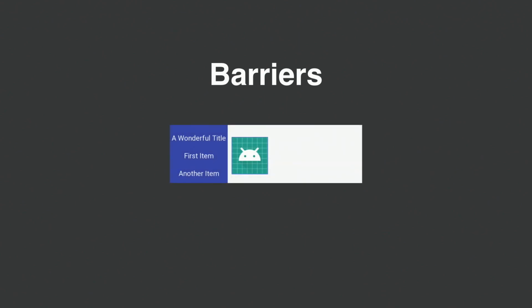In that situation, the widest is the first one, but if I change that, and here the widest becomes the last one, I want everything to reflow correctly. And that's what barriers allows you to do. So you set up a barrier on those three elements, and you set up that image view onto that barrier.